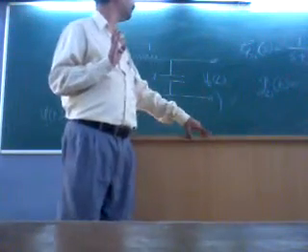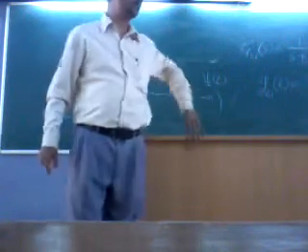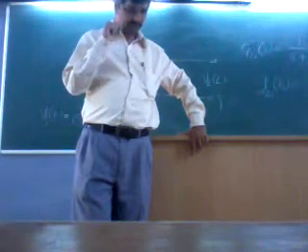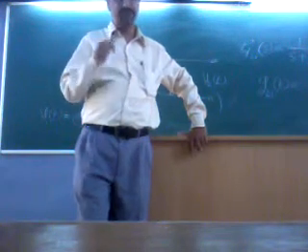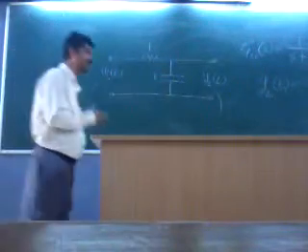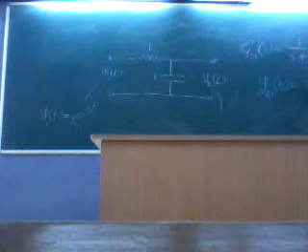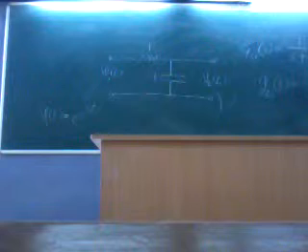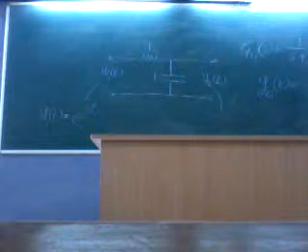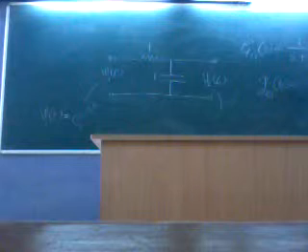If I now look at G21(s) as the ratio of the Laplace transform of output upon input, equal to V2(s) upon V1(s), then V2(s) is the Laplace transform of v2(t), and V1(s) is the Laplace transform of v1(t).